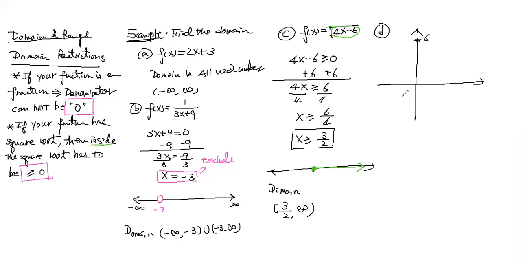For example, this is a 6, this is a -2. If I have a function something like this, I start from here, and my function goes something like this.